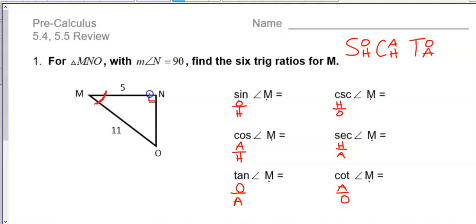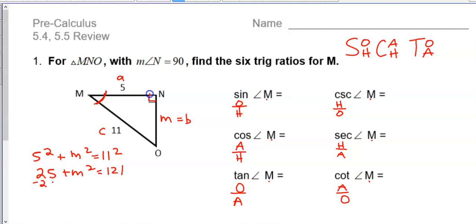Okay, now we have a missing side here. We are missing side little m. So the first thing we want to do is find that, and the way we're going to do that is by using the Pythagorean theorem. So our 11 has to be C, and then 5 and this m, they're the legs, so they have to be our A and our B. So we're going to do 5 squared plus m squared equals 11 squared. 25 plus m squared equals 121.